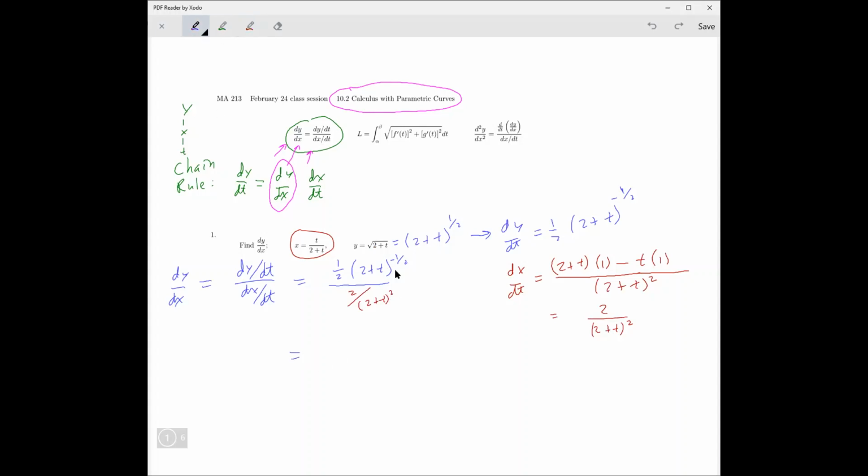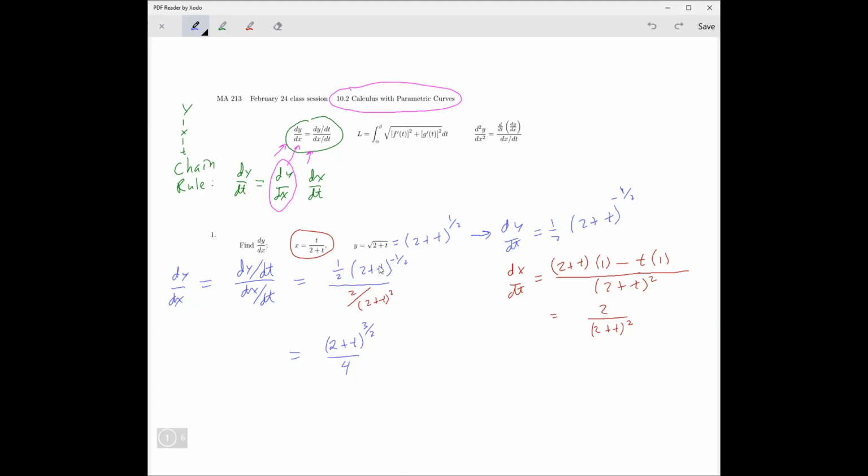And if you simplify that, you're going to get 2 plus t to the 3/2 over 4. This 2 comes up into the numerator because it's the denominator of the denominator.